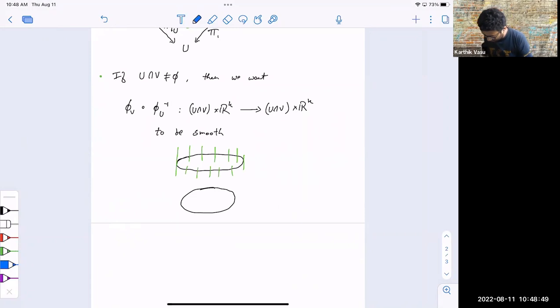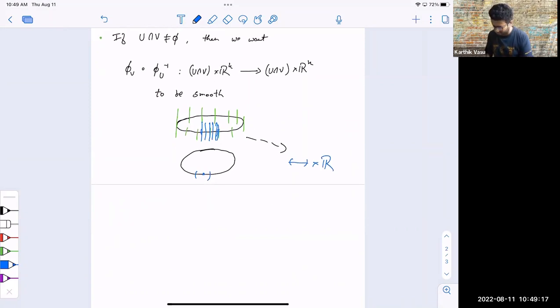If I take this point here, I need an open set around it, such that when I take the inverse image of that open set, which will give me all these fibers, I just want it to be isomorphic to this interval cross R, that's all. So that the projections like this and like this are all compatible. Basically, that's what is happening.